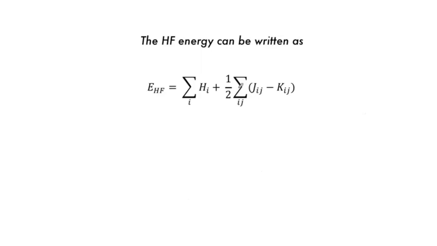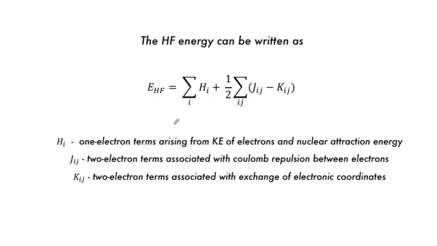And so that means then that the Hartree-Fock energy can be written as this, where the energy HF is equal to the sum of the Hamiltonian for each particle plus a half over the sum of the two electron terms. This is the Coulomb repulsion, and this is the exchange term of the electronic coordinates.